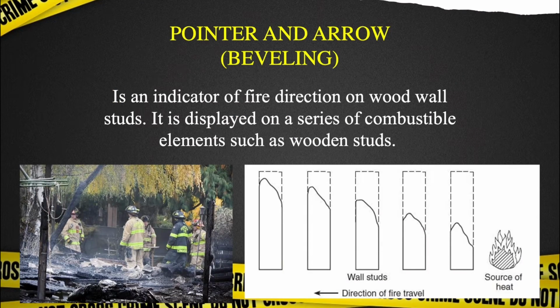Lastly, pointer and arrow pattern, also called beveling pattern. It is an indicator of fire direction on wood wall studs. It is displayed on a series of combustible elements such as wooden studs.